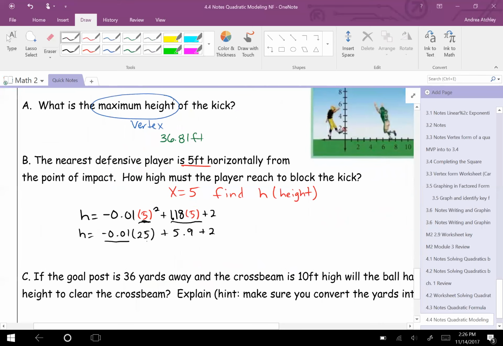Now I'm going to multiply this together. Get negative 0.25 plus, I'm going to add these two together.